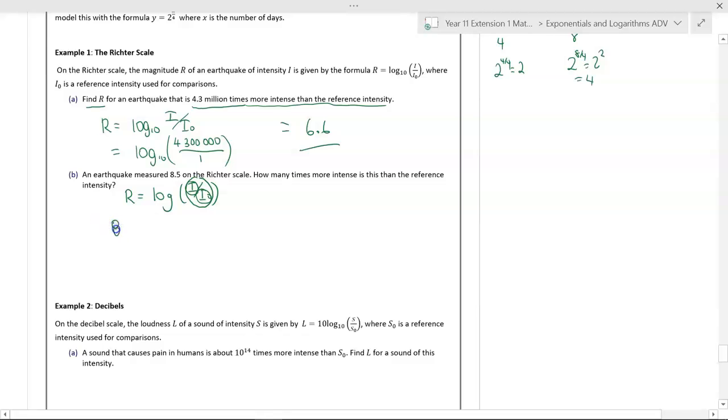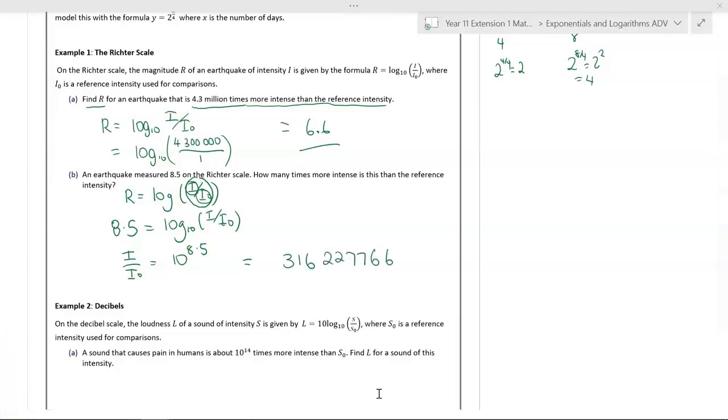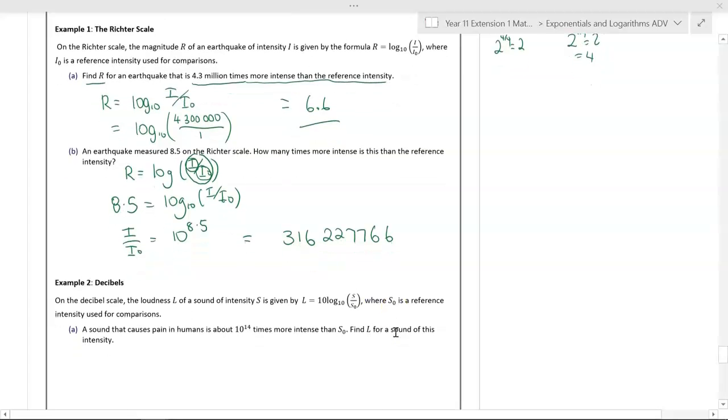So we're going to put 8.5 in here. So the ratio of I to I naught will be 10 to the power of 8.5, which should be a fairly large number. And yes, it is 3, 3, 3, very big.